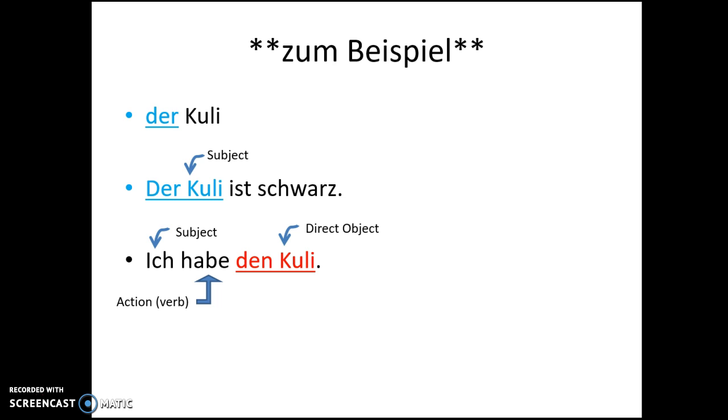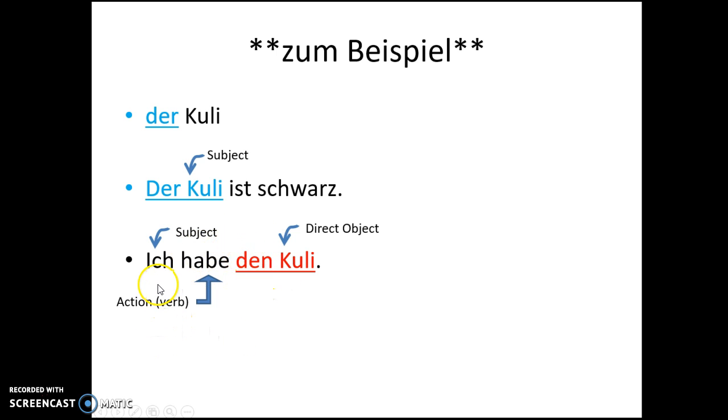Ich habe den Kuli. So in this sentence, we've made ich our subject. Ich habe, I have. So I have is always going to need the Akkusativ. Okay? So ich habe, I have. Ich habe den Kuli. So you see, normally, Kuli would be der, but when we use it in a sentence and it's the direct object, we have to change that der to den.